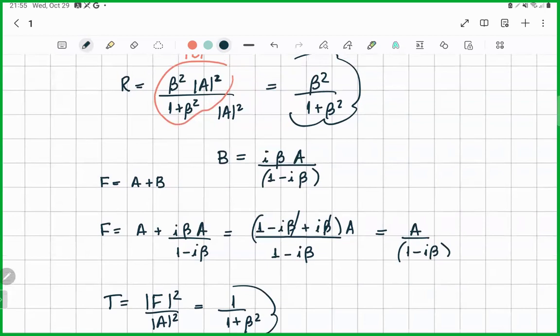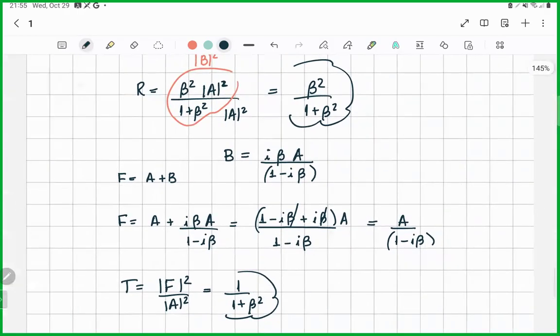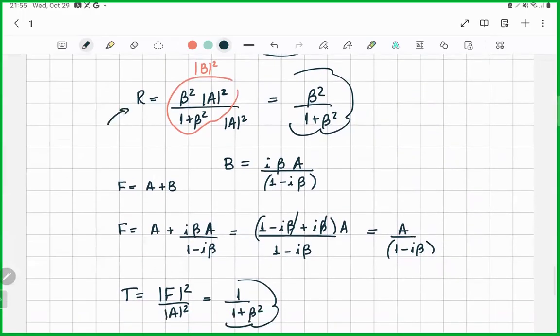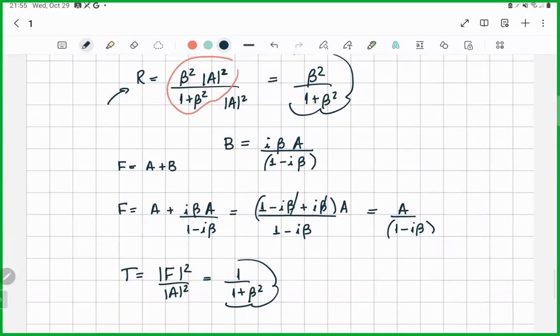Very good. Okay, so this is very interesting. We got that beta, we'll come back to this beta, but beta is where the energy is. So we can say that the reflection and the transmission will depend on energy. So we can see which one is larger, which one is smaller, depending on energy.